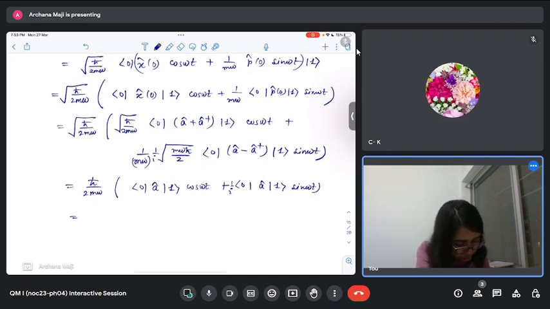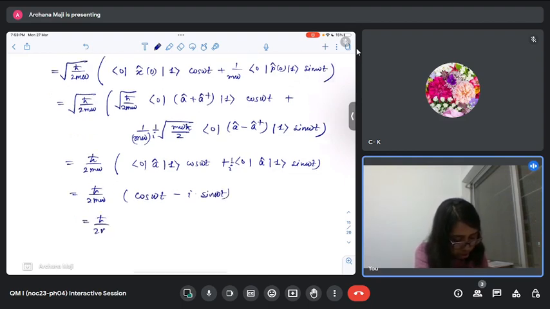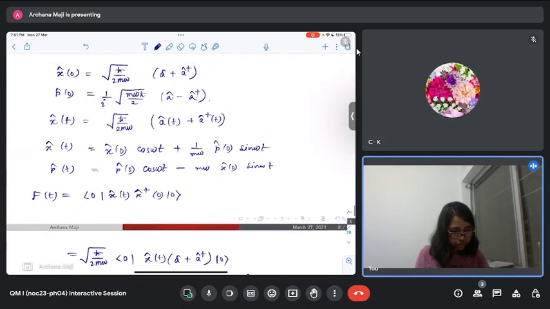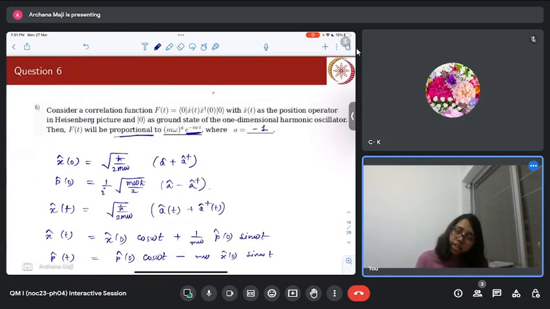Okay, this is h cross over 2m omega, and this will give you 1, because a acting on |1> gives square root 1 |0>, and the <0|0> inner product is again 1, so you will get cos omega t minus i sin omega t. 1 over i is minus i, so you get exponential minus i omega t, and it is saying proportional to, so they are not worried about these factors of 2 and h cross, and a is nothing but minus 1. Clear?